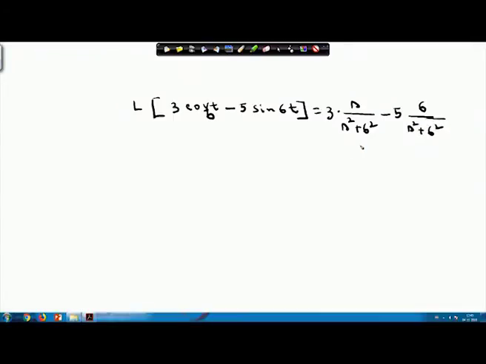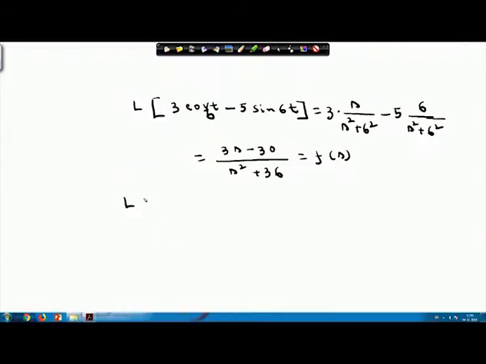If I make the calculation, I will obtain (3s minus 30) by (s square plus 36), and this I am assuming as F(s).